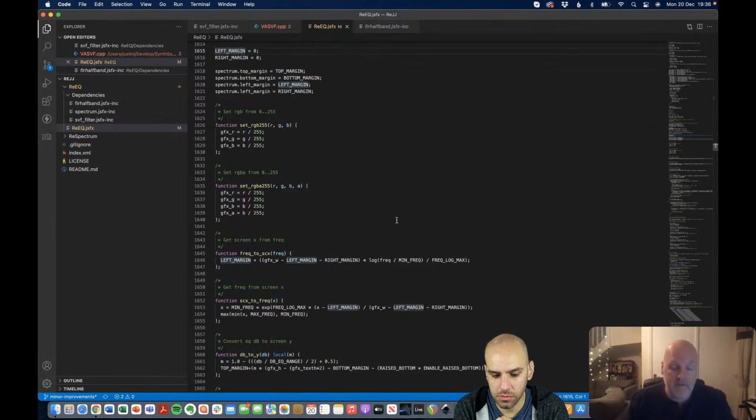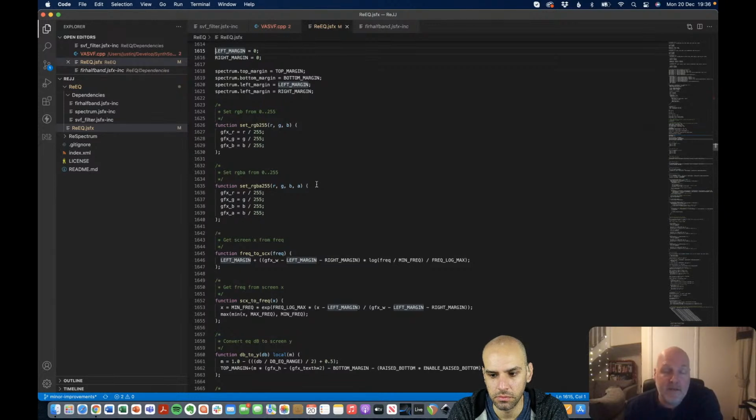So when ReEQ was first recognized as a fairly heavyweight JSFX thing, it got some attention, and Justin Frankel spent quite a bit of time on improving the load time of JSFX based on ReEQ, just because ReEQ was so big.